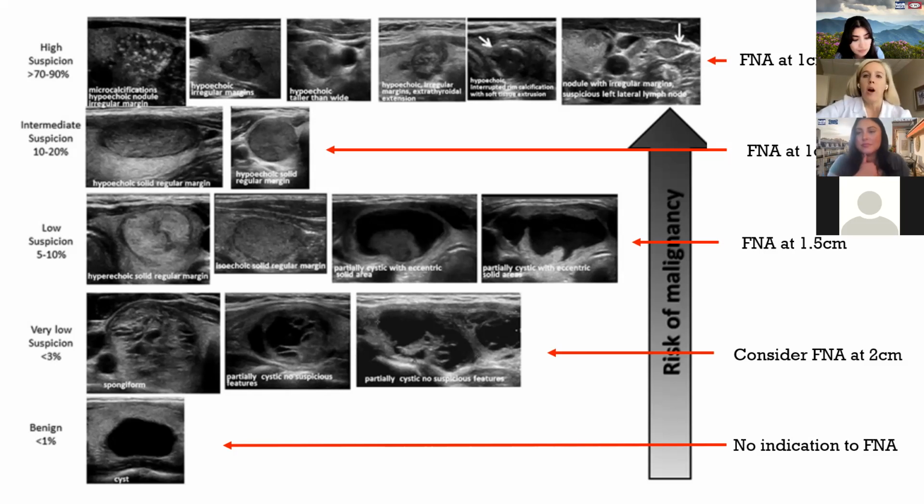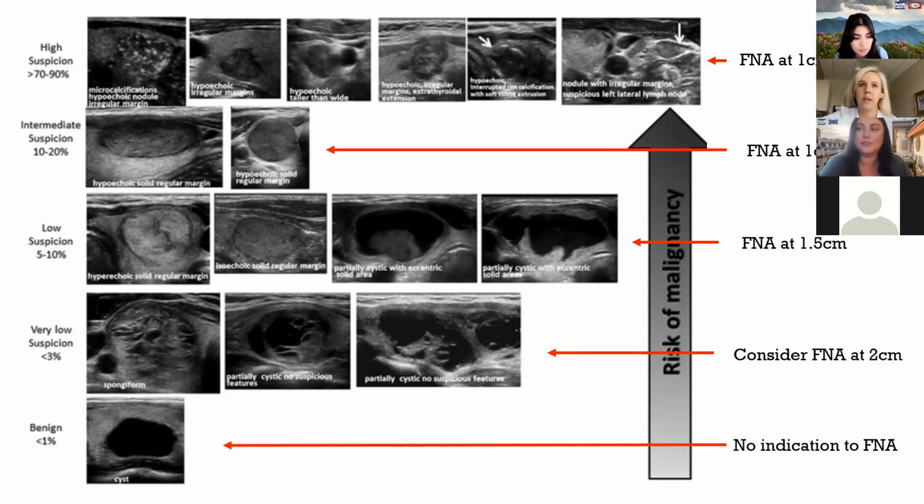So on the left side, it will tell you the risk of it being malignant. These higher suspicion nodules, I won't read every single thing here, but these are going to be nodules that really look irregular. They don't have a well-defined border. They may have some calcifications inside, like the first image on the top left, or calcifications around the rim.